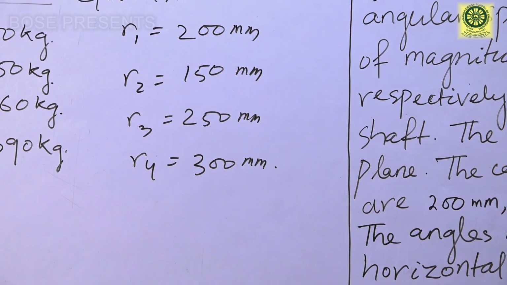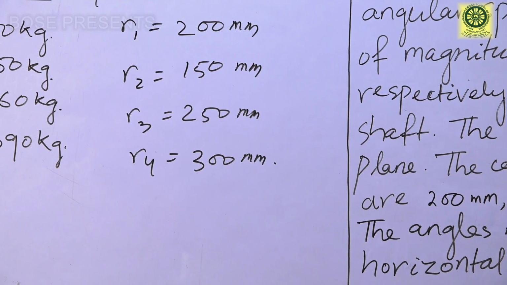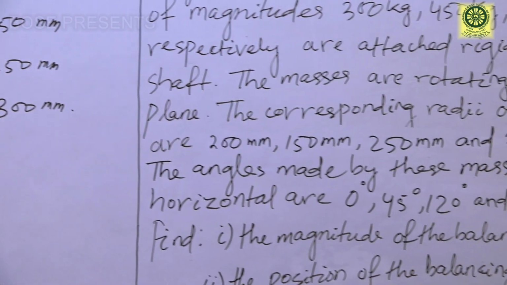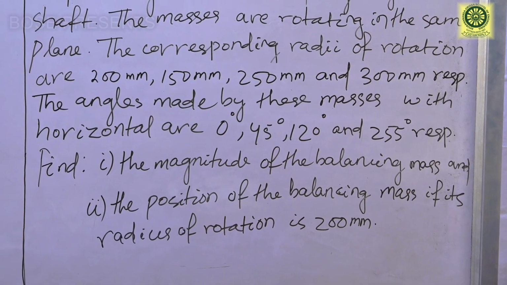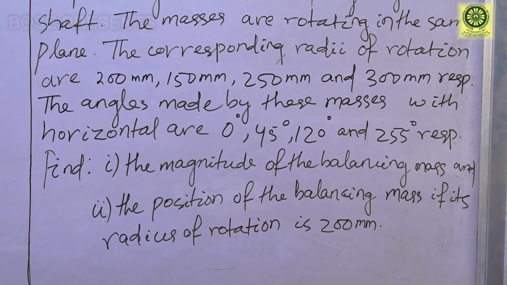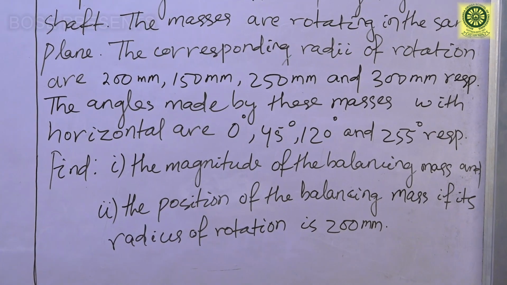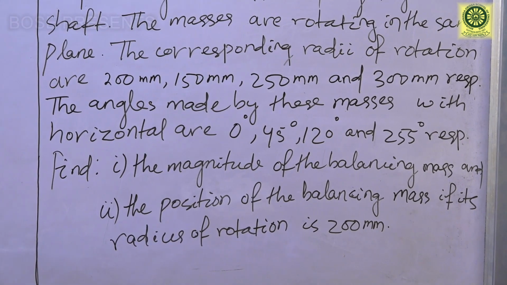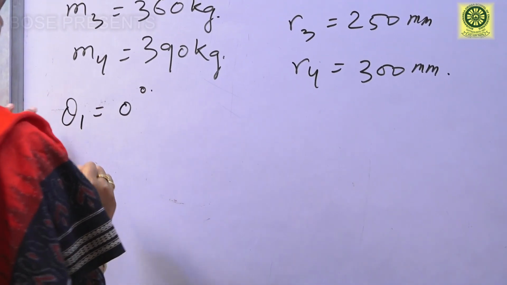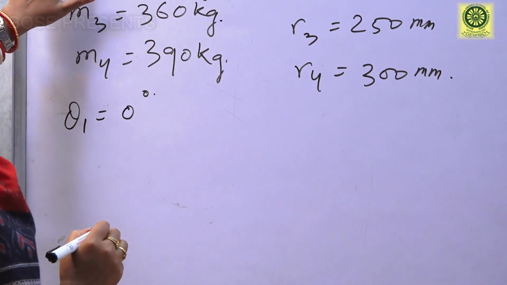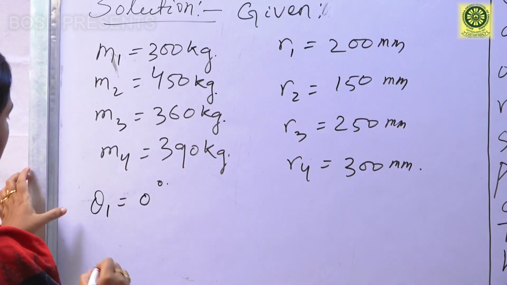That is given. Next, the angles made by these masses with the horizontal are given. So now you can draw the angles. The masses are given, radius is given, and also the angles are given. Now here you can write theta 1, the angle of mass M1 with the horizontal.